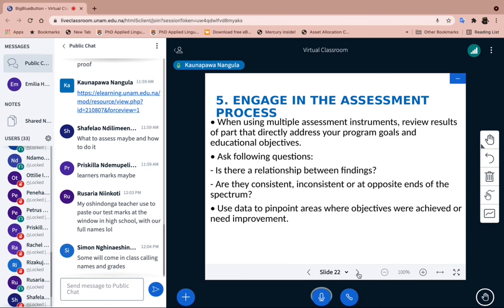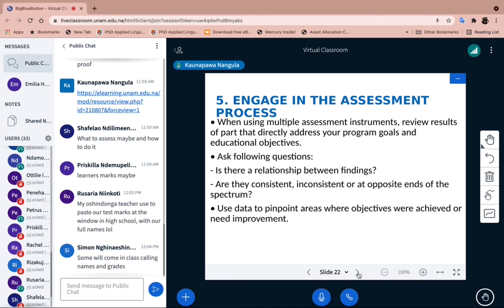When using multiple assessment instruments, review results of parts that directly address your program goals and educational objectives. All right. That is to say, focus on the data that deals with the objectives and then the program goals.